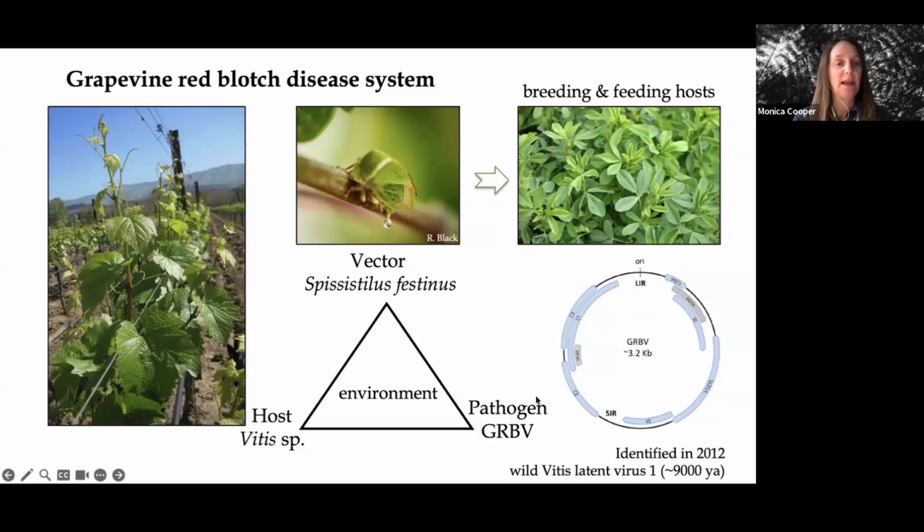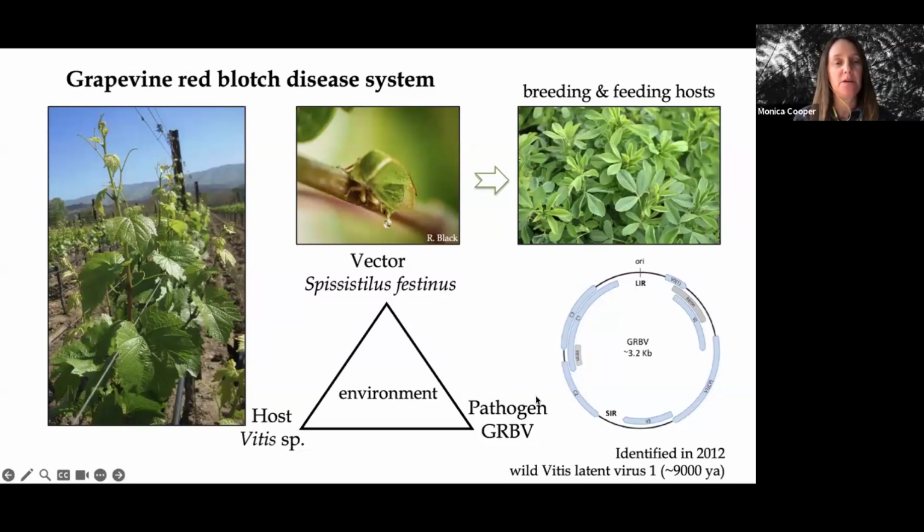This virus infects plants in the Vitaceae family. That includes Vitis vinifera, our cultivated grape varieties, as well as the rootstocks that we use, much of which is American parentage, as well as hybrids. So this is going to affect grapes regardless of whether they're destined to be table grapes, juice grapes, raisins, or wine grapes.